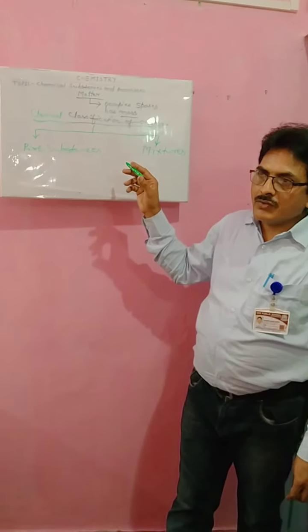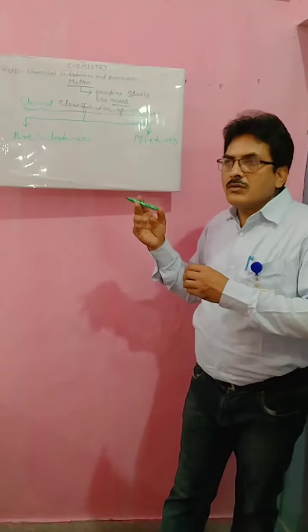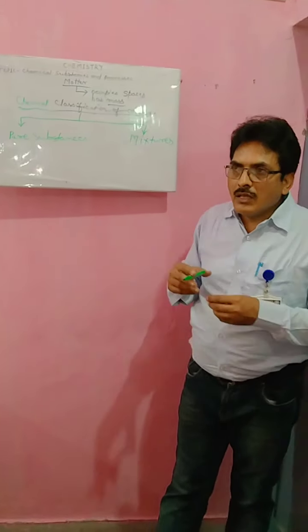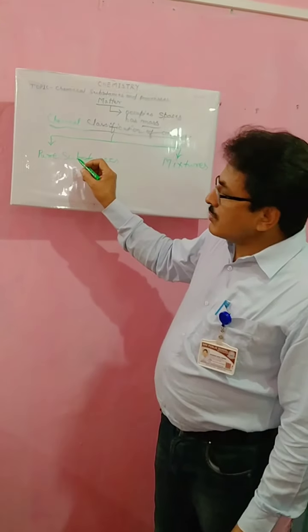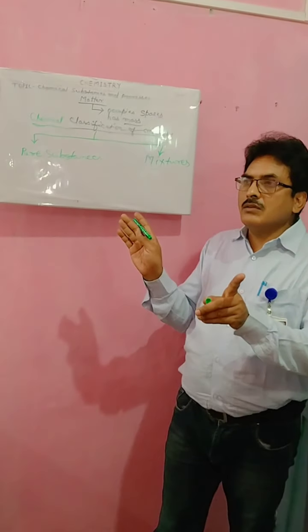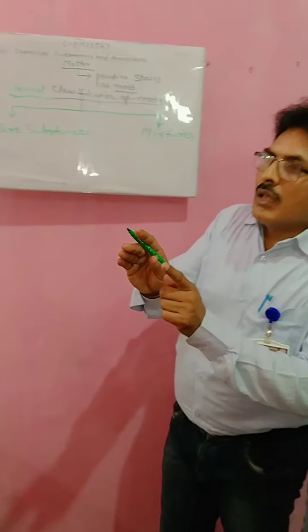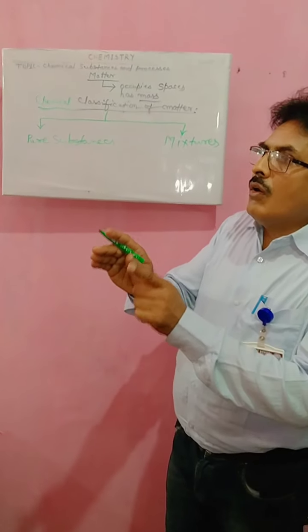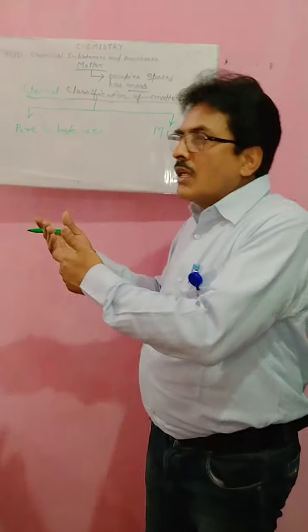The examples of pure substances can be hydrogen, oxygen, nitrogen, calcium oxide, nitrogen dioxide, carbon dioxide, water, etc. And in pure substances, you see two types of things: one atom or more than one atom, meaning one element and more than one element.